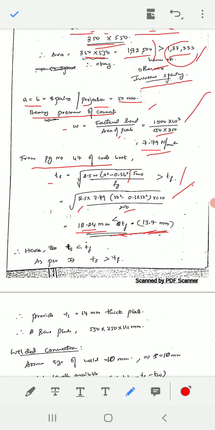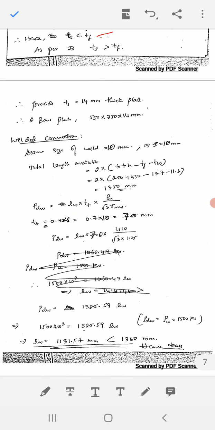So this condition is not satisfied here. Hence ts is less than tf, so we have to go as per the IS standard. TS should be more. That's why you have to give more than 13.7. We are providing 14 mm. So the base plate is now 515 by 315 by 14 mm thickness. Now the base plate design is over.